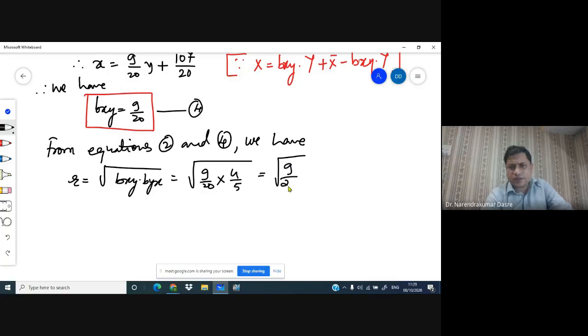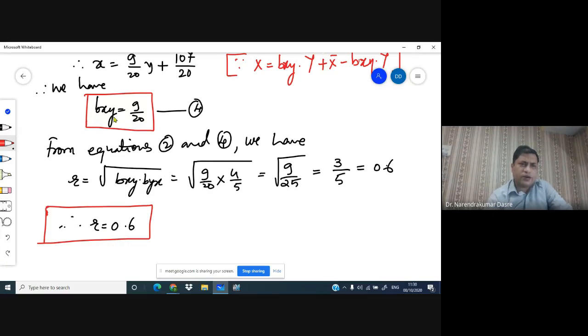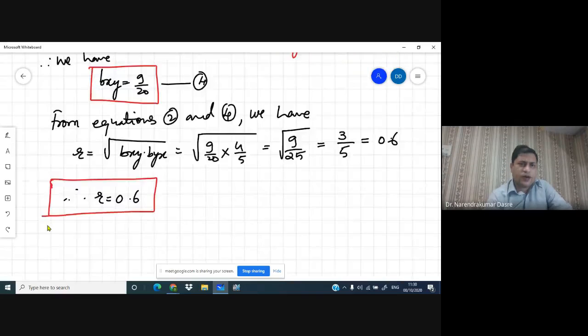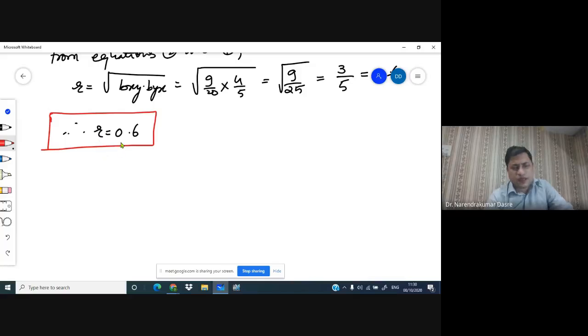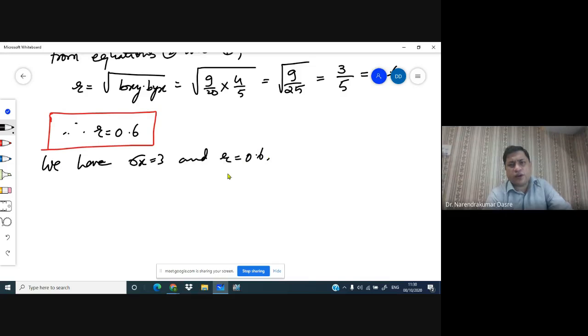So this is 9 by 25 and it's going to be 3 by 5, which is 0.6. So you got here r is equal to 0.6. Okay, now I have considered the positive sign because bxy and byx both are positive.